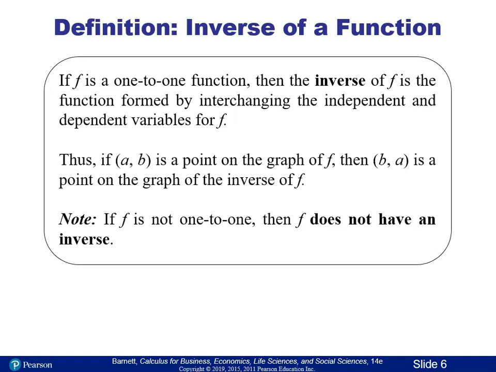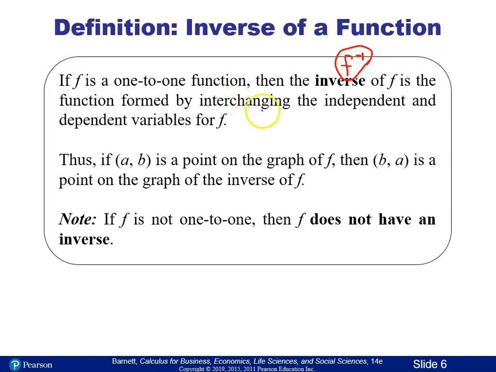If a function is one-to-one, then the inverse of f is the function that's formed by interchanging the independent and dependent variables. The notation for an inverse is f to the -1. It's not saying that you're raising it to the power of -1. This whole thing is just the notation for an inverse.